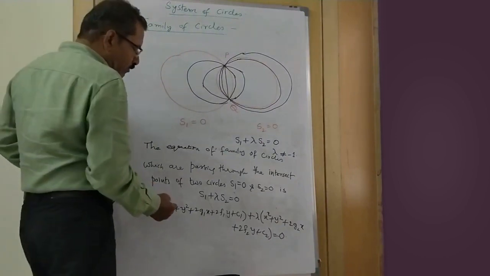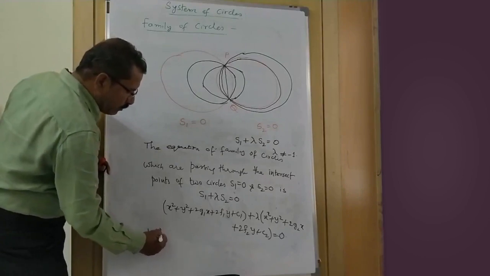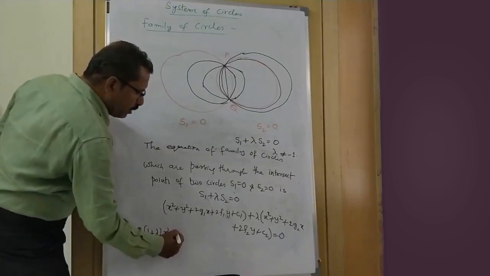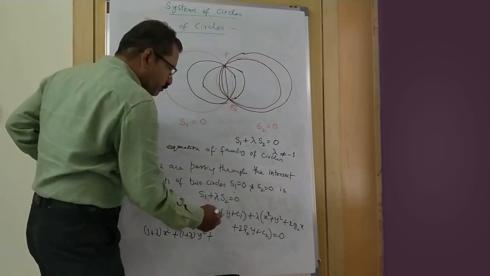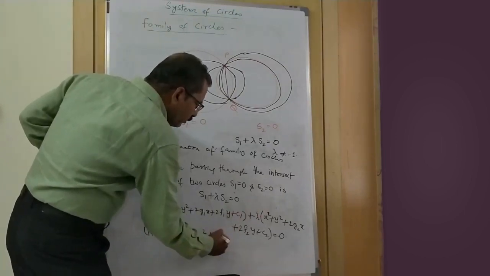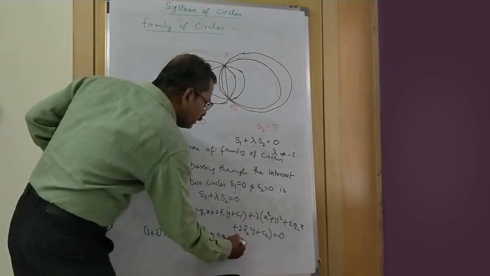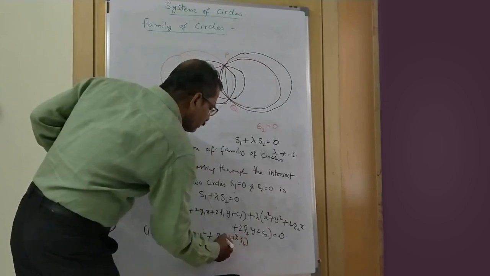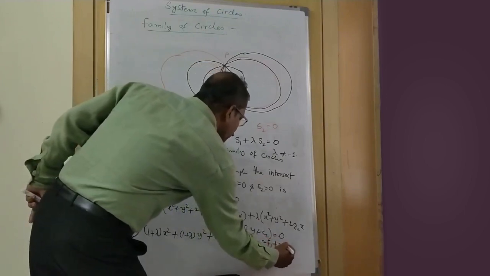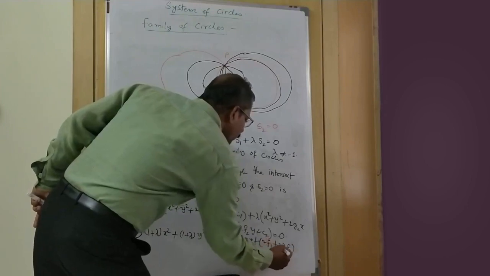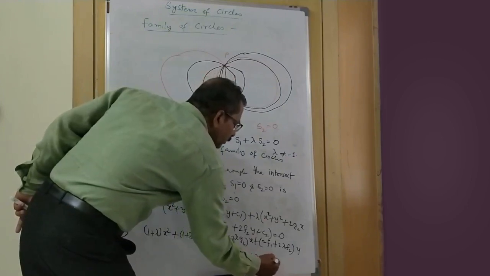This can also be written in the shape (1 + lambda)x² + (1 + lambda)y² + (2g1 + 2 lambda g2)x + (2f1 + 2 lambda f2)y + (c1 + lambda c2) = 0.